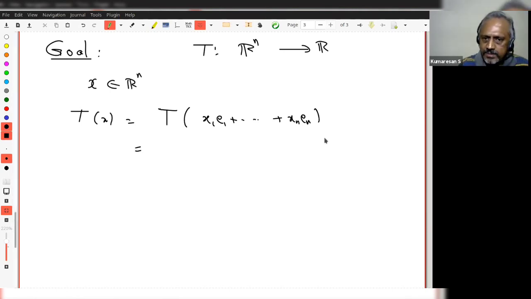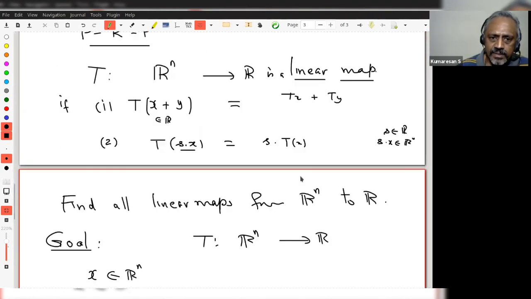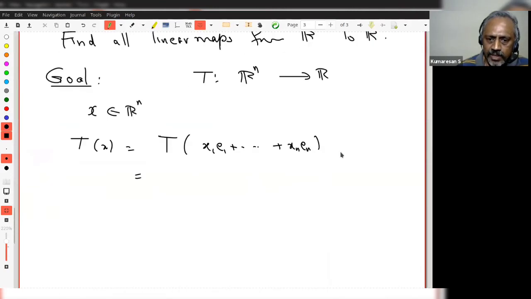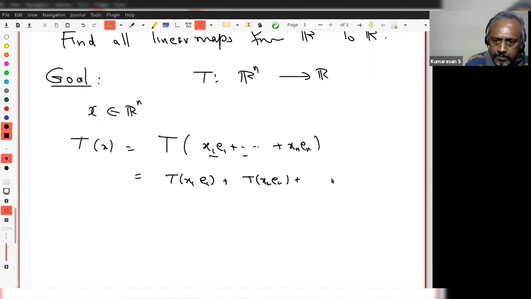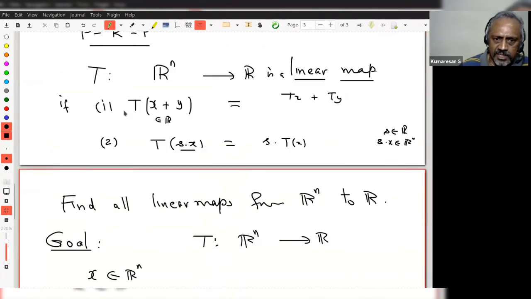Do you understand this? Now notice that T of x plus y is Tx plus Ty. Now this is a vector and this is a vector. Therefore this is going to be T of x1 E1 plus T of x2 E2 plus T of xn En. This is because of the first condition. When T is linear, T of x plus y must be Tx plus Ty.